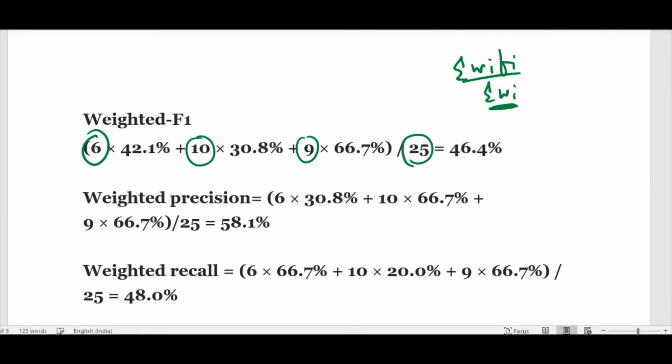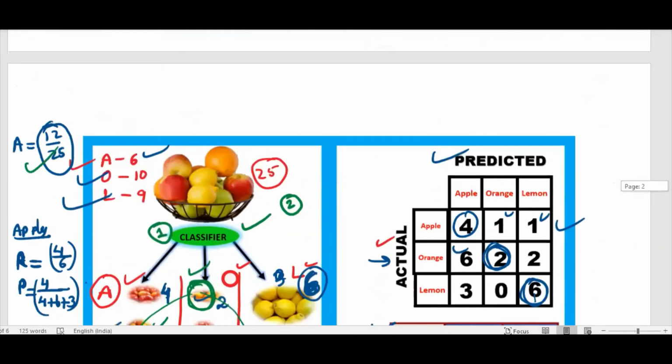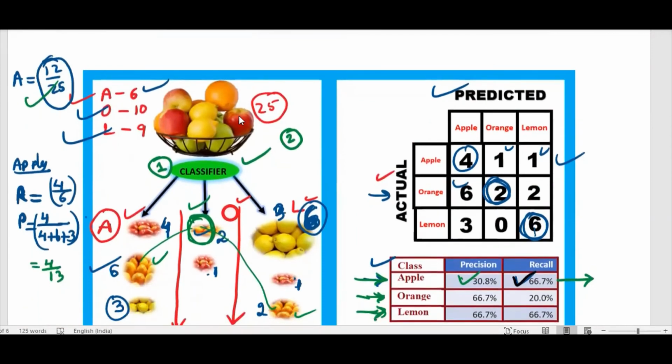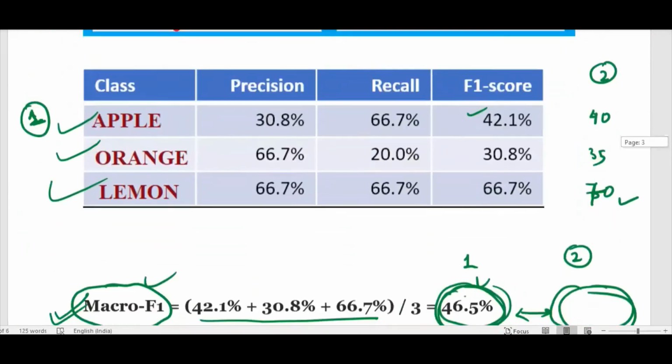Okay, money weighted rate. So how you will weight, that is also important. We'll weight according to the classes. Okay, the number of classes. So whatever numbers you had, 6 here, 9 here, I've written, if you see 6, 10, 9, okay, those weights you have to write here.